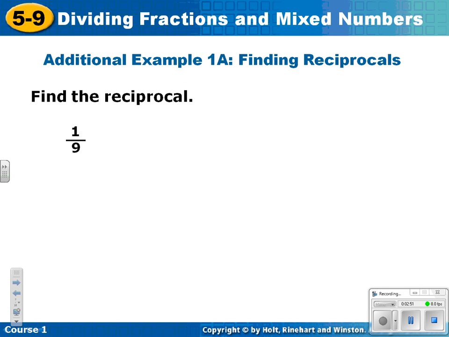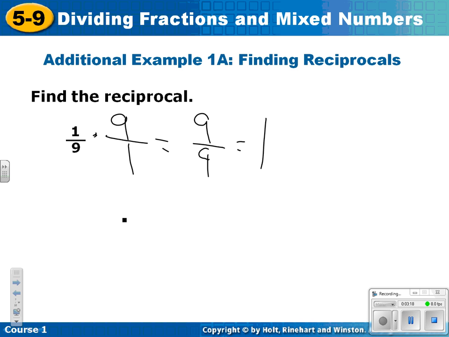The hardest part, I shouldn't say the hardest part, is to find the reciprocal. What's the reciprocal of 1/9? Oh, wait, no. I don't think 9 over 1, because if you multiplied them together, it would be 9 over 9, which is 1. Let me ask you this.